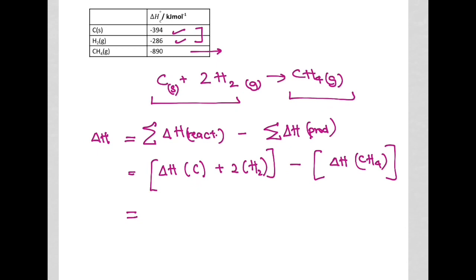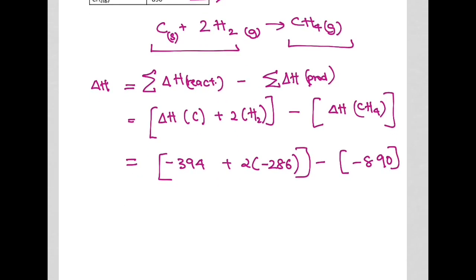So carbon, I know it's minus 394, plus 2 times minus 286. When you write it this way, you're minimizing the risk of making mistakes because you know that you're multiplying with the correct stoichiometric ratio and that you would be able to process the signs carefully. So you should get minus 80 kilojoules per mole if you do it properly.